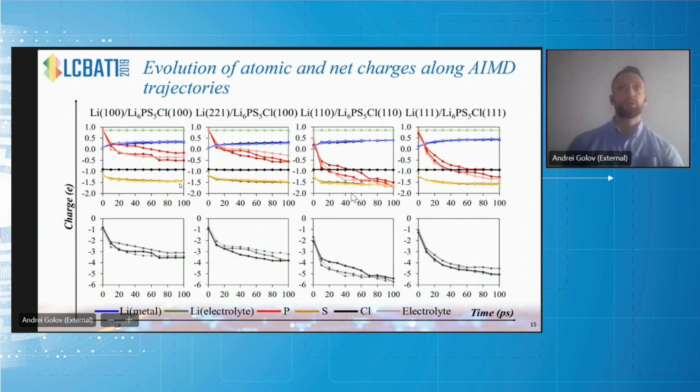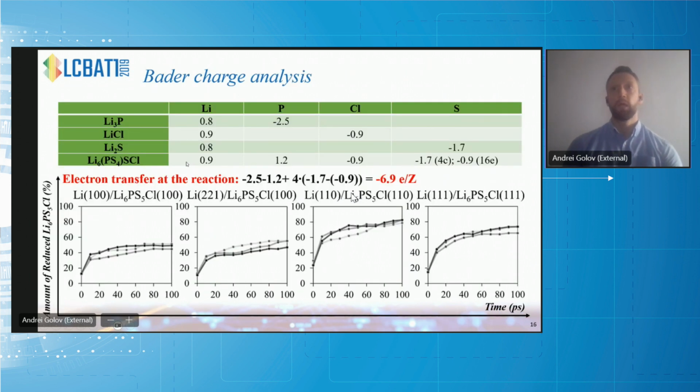According to the Bader charge analysis, there is electron transfer from the lithium metal anode to the electrolyte because of the redox reactions. We observed a monotonic decrease in the average atomic charges of phosphorus and sulfur atoms with the increasing atomic charges of metallic lithium, while the charges of lithium cations and chlorine anions within the electrolyte stay constant.